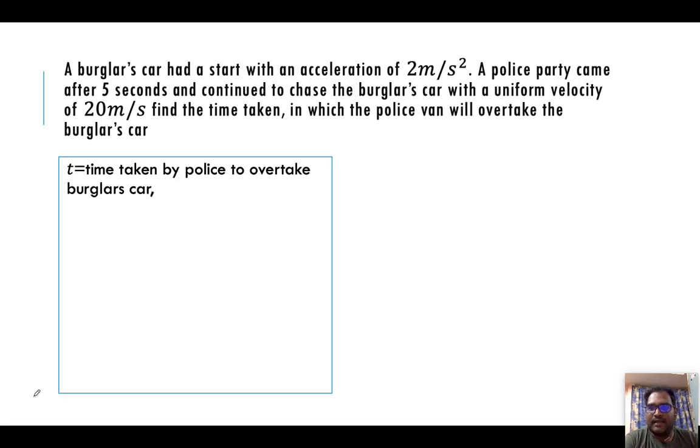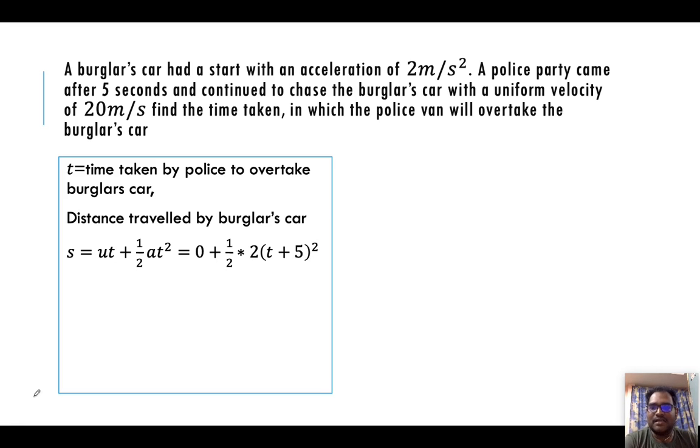Fine, right? So first, I'll consider t as the time taken for the police car to overtake the burglar's car. So first, I have to find out the distance traveled by the burglar's car. For that, the basic equation S is equal to ut plus half at square. Fine.